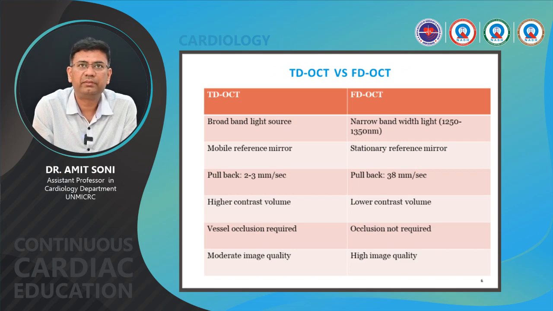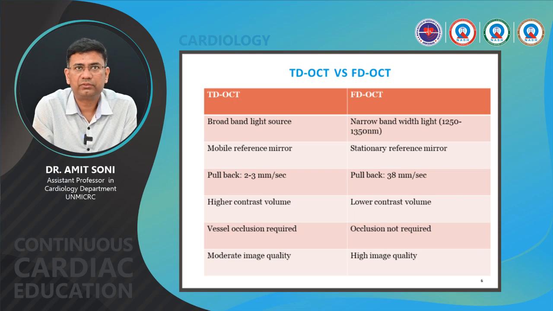So what is the difference between these two types of OCT, time domain OCT and frequency domain OCT? Time domain OCT uses a broadband light source, while frequency domain uses narrow bandwidth light. TD-OCT uses a mobile reference mirror, while a stationary reference mirror is used in FD-OCT. The pullback of TD-OCT is 2 to 3 millimeters per second, while the FD-OCT pullback is 38 millimeters per second.